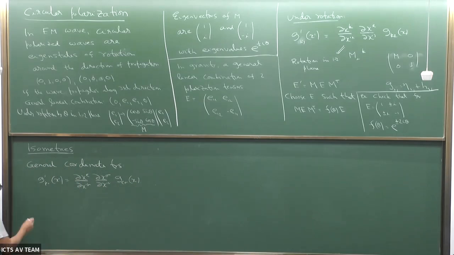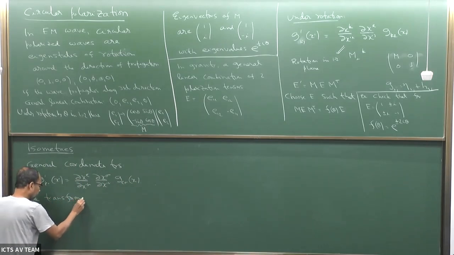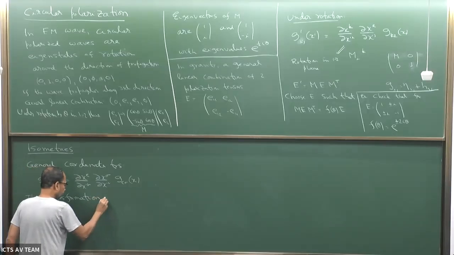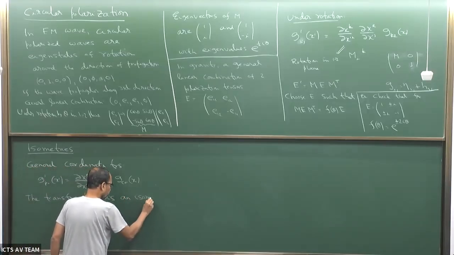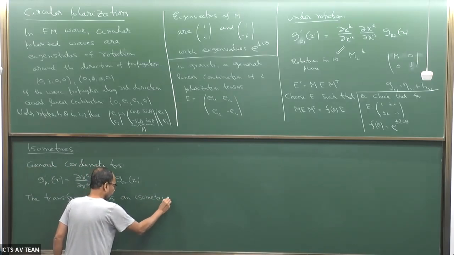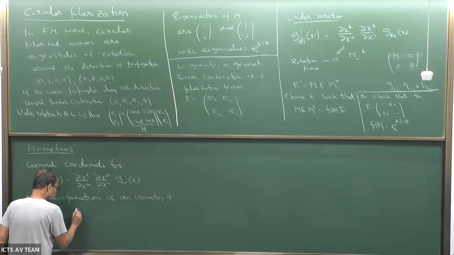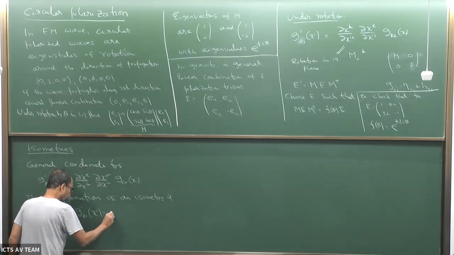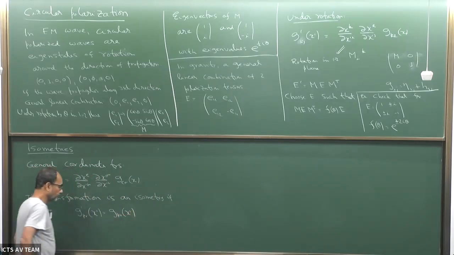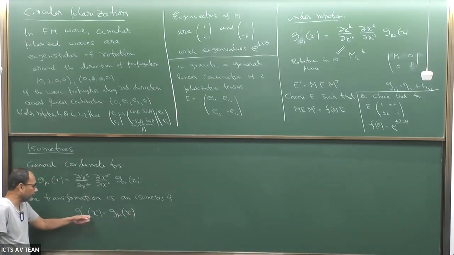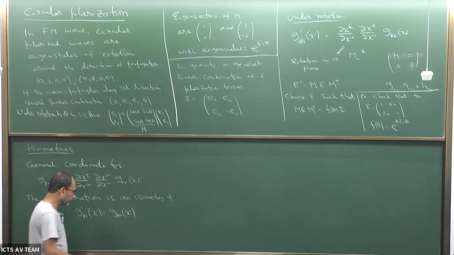We'll say that the transformation is an isometry if g prime mu nu of x prime is equal to g mu nu of x prime. Or you could have written it as g prime mu nu of x is equal to g mu nu of x for all x.